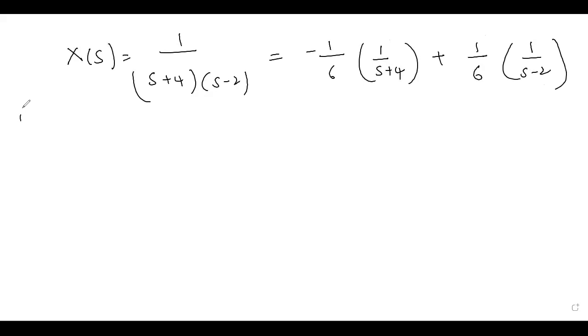Okay. Now in the first one, what is the condition we have in the ROC? Minus 4 is less than real part of s, and real part of s less than 2. Now check whether any common ROC is there or not. Let us say minus 4 is here and 2 is here. These are the two poles.